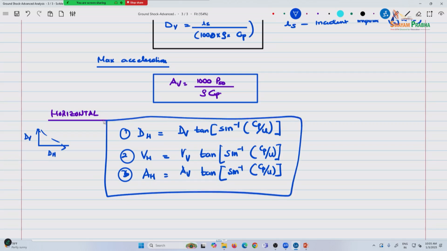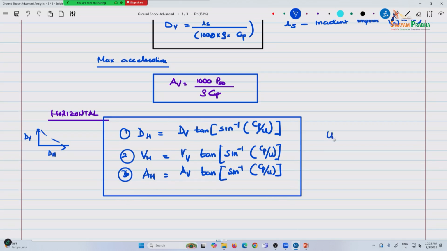where U is the shock front velocity. You can get this in figure 2-50.